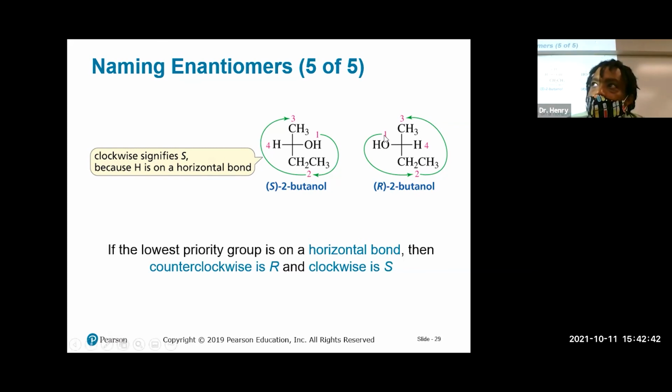And then in this case, 1, 2, 3. Now, I'll have to remember that myself because I don't remember all of this.